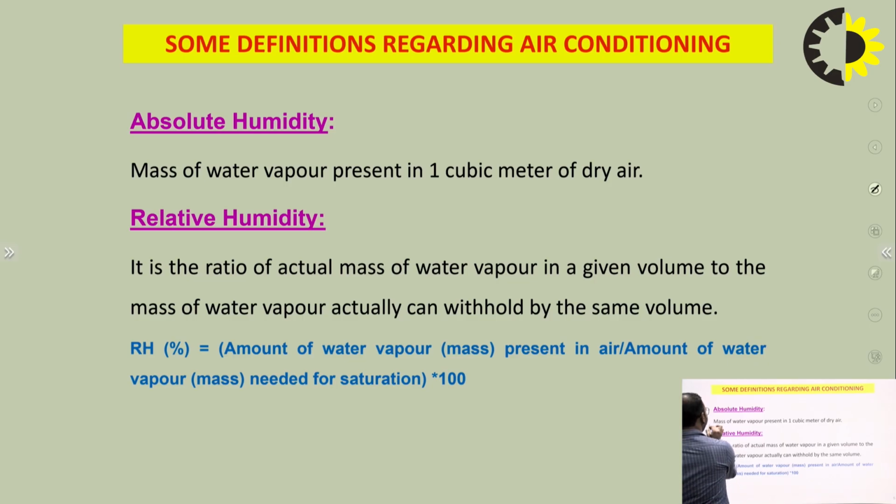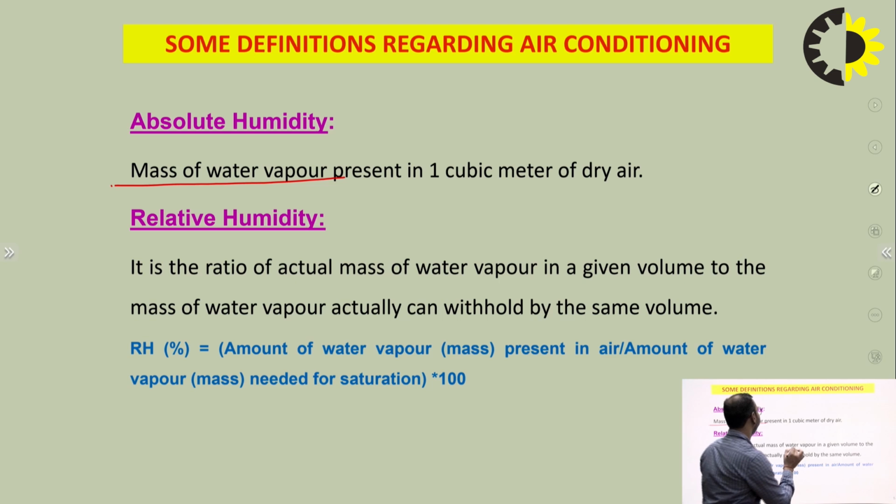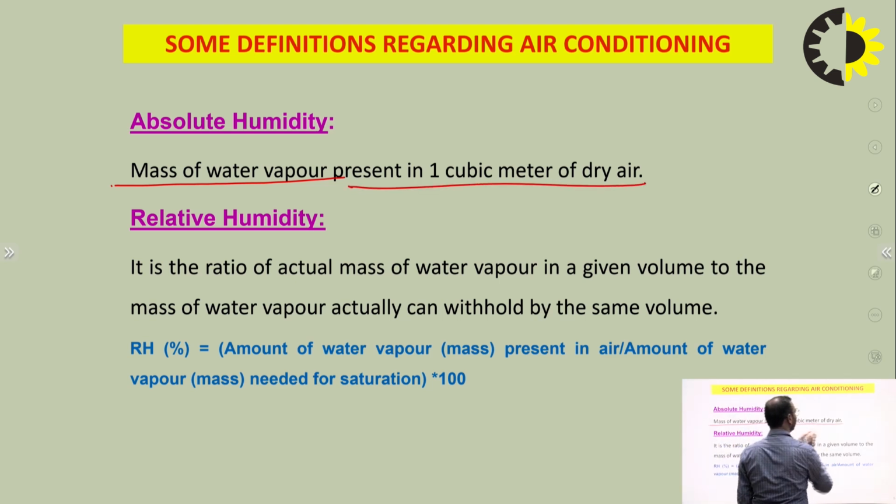It is defined as the mass of water vapor present in 1 cubic meter of dry air. Basically, humidity is further classified into two types, absolute and relative. Absolute means mass of water vapor present in 1 cubic meter of dry air.